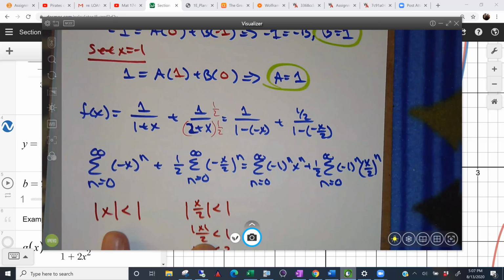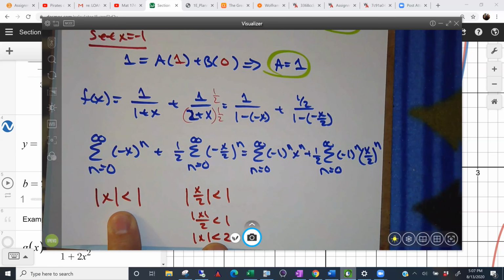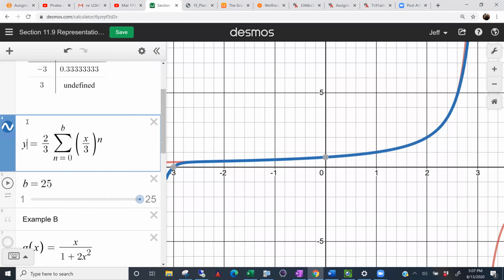So I get 2 different intervals of convergence. Which one's right? Do I add them? Get absolute value of x less than 3? Don't know. So let's investigate that with our eyeballs.